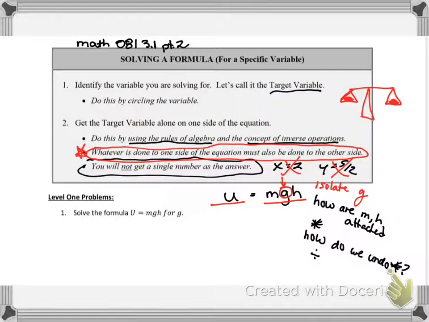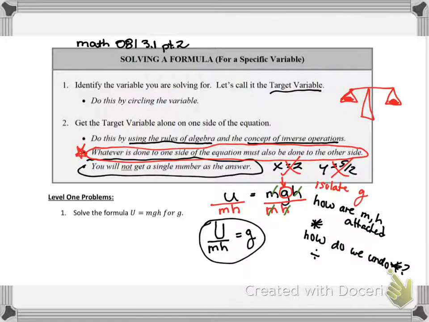So back to this equation, if I divide by m and h down here, and also do the same thing on the right-hand side, again, to keep the equation balanced, hopefully you can see that these two m's cancel out. These two h's cancel out. And then on the other side, we literally just have what almost looks like a random collection of letters, but that's okay.